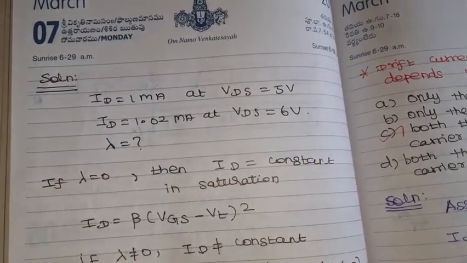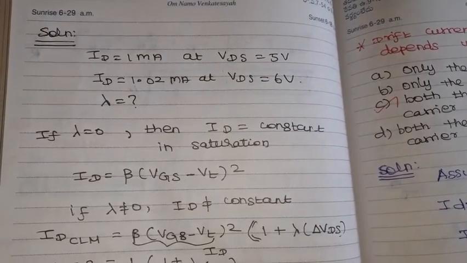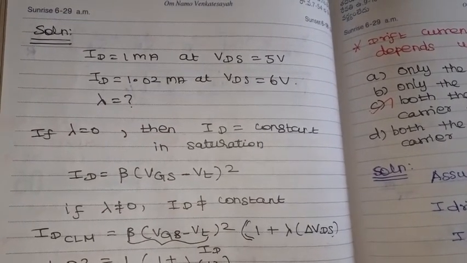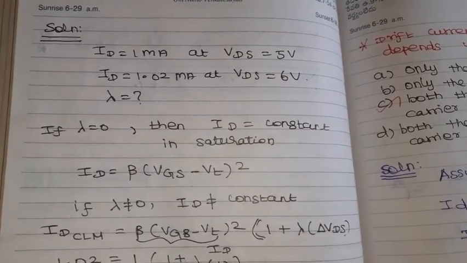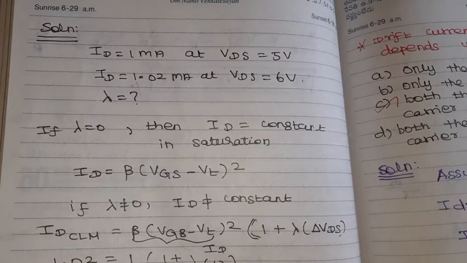Then lambda is equal to what? Usually in the saturation region, whenever VDS is increased, ID becomes constant. That is called saturation. Whenever ID becomes constant, it is called the saturation region.